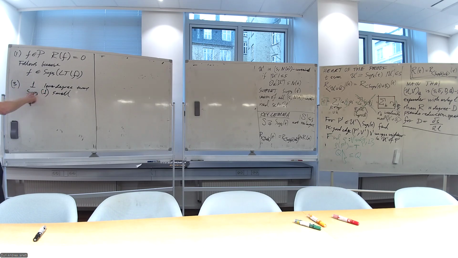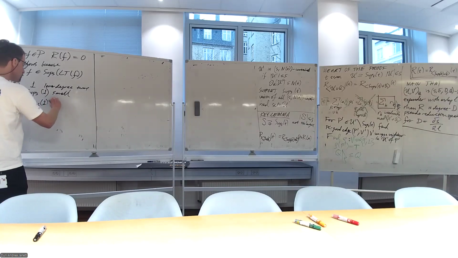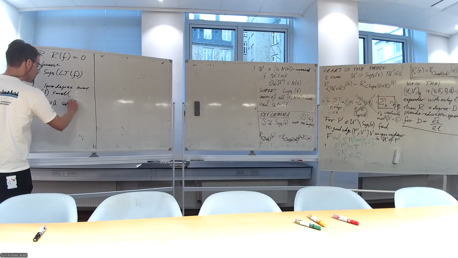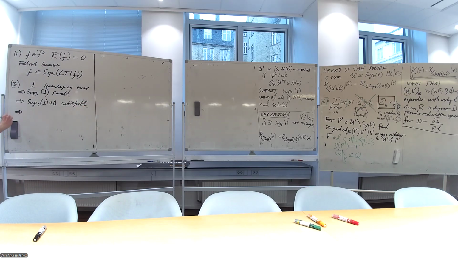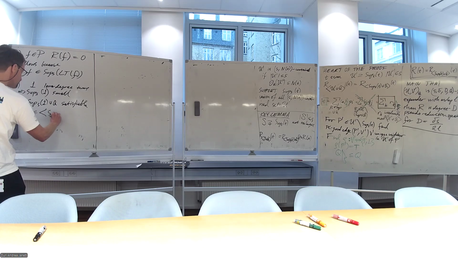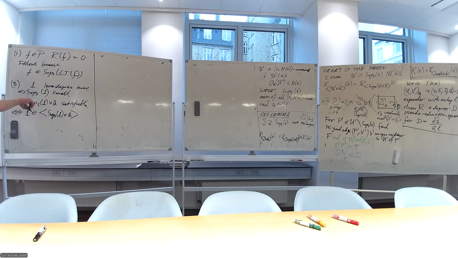This is a low degree term, so hence this set is small. So hence, the support of 1 union Q is satisfiable. It's satisfiable, let me just rewrite this. This is actually an equivalence. It is satisfiable if and only if 1 doesn't lie in that ideal. Are you with me? I mean, this is just rewriting.